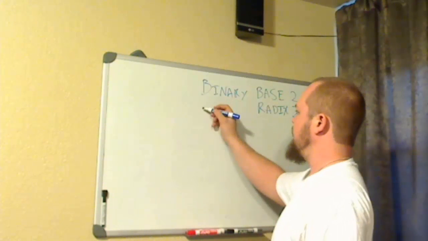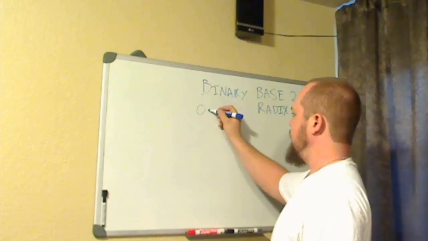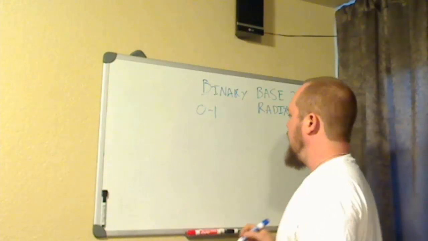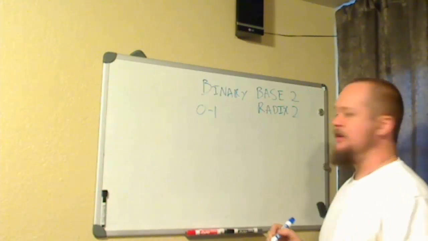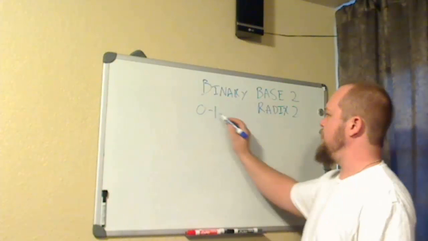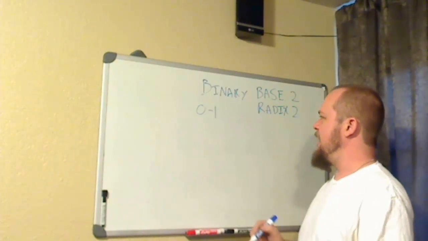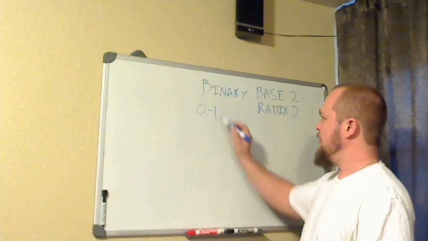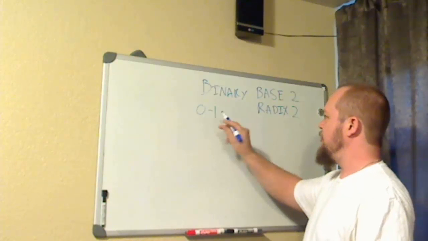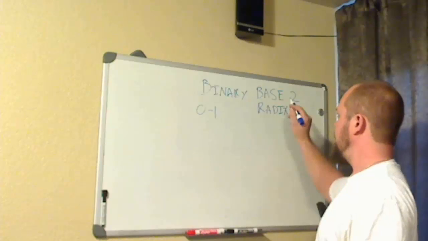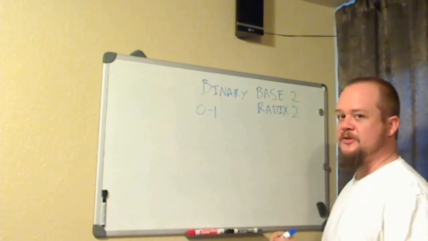Binary has the digits 0 through 1. A base of a number system is always determined by the unique number of characters it has to represent a number. Binary has 0 and 1, which is 2 numbers, which makes it a base 2 radix 2 number system.